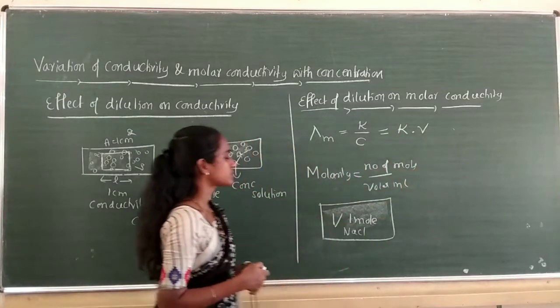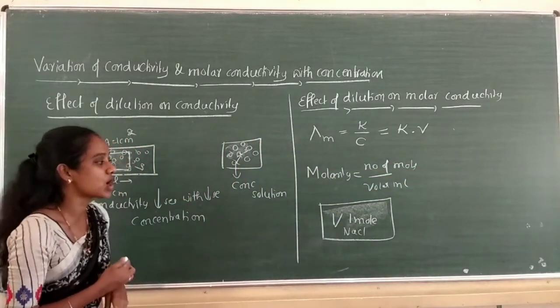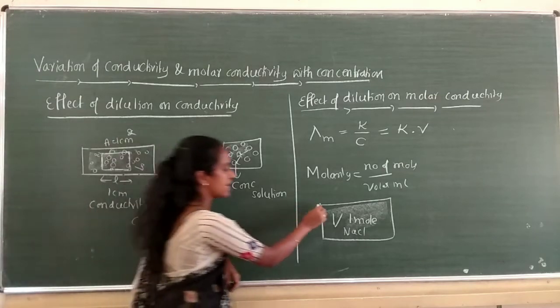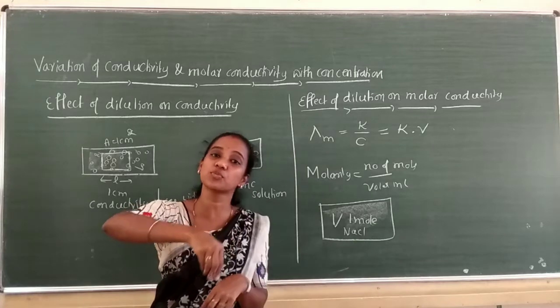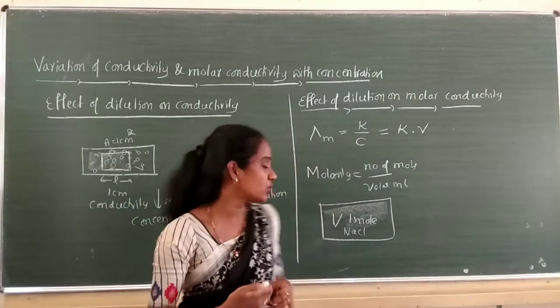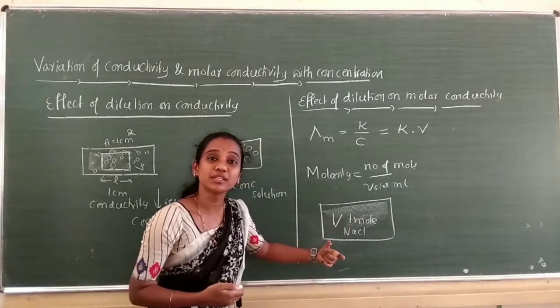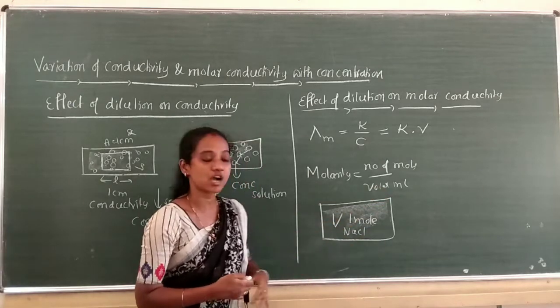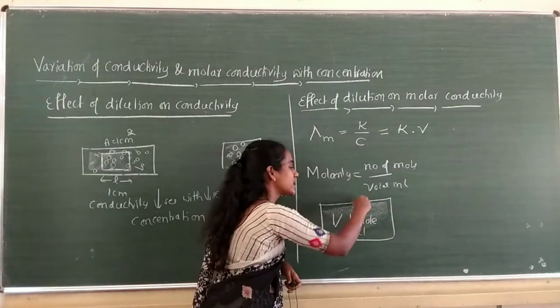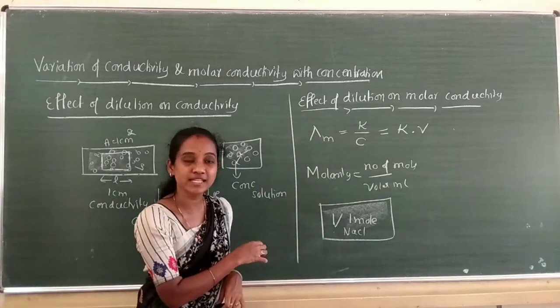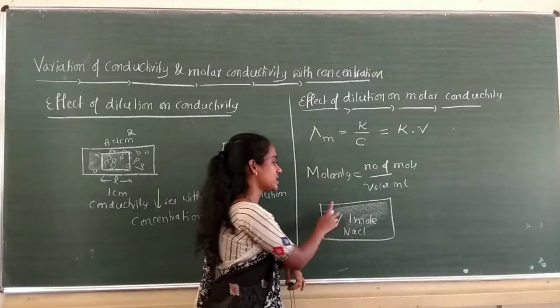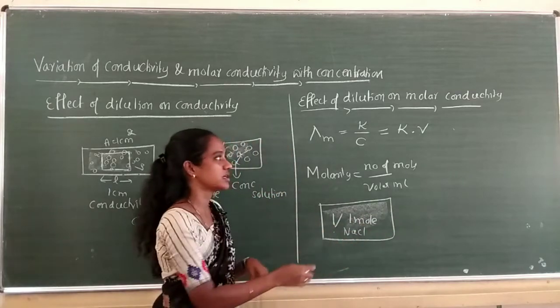Now, if we decrease the concentration of the electrolyte, let us dilute the solution by adding excess amount of solvent. If we want to dilute the solution, we have to add excess solvent. So as we decrease the concentration of the solution by adding excess solvent, automatically the volume of the solution increases.